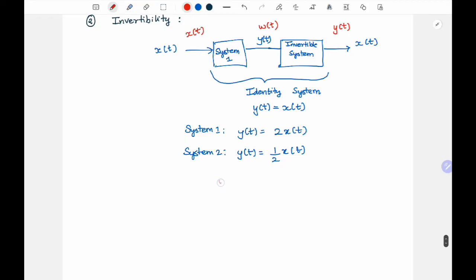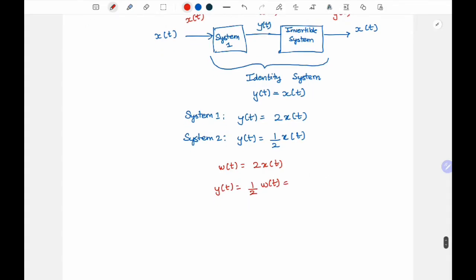Then w of t is nothing but 2 times x of t, and y of t will be half of w of t. But we know w of t is 2 times x of t, so it is half into 2x of t. The half cancels, and we get y of t equal to x of t. So this means identity, which means system 1 and 2 are inverses of each other, or system 2 is an inverse of system 1.